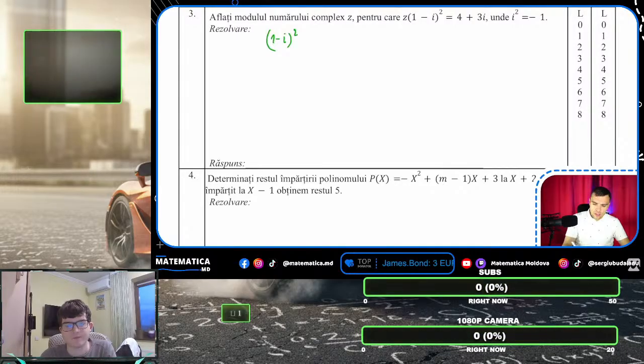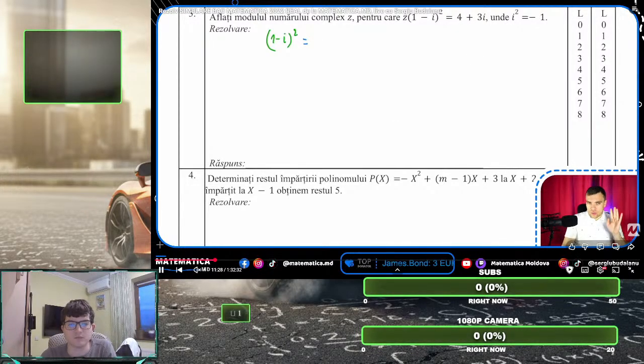So basically solve this, put i to the second power as minus 1 where you can. Split the imaginary and real parts, apply the formula, and move on right there. No issue right there.